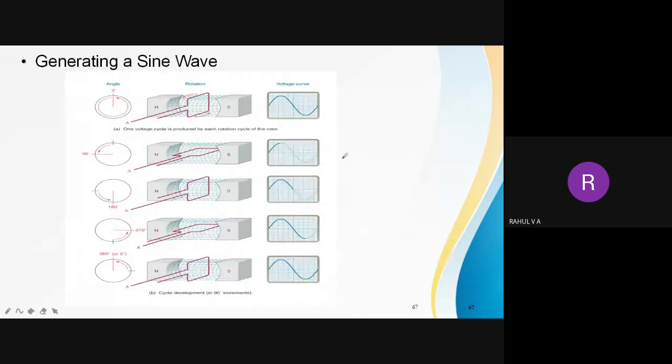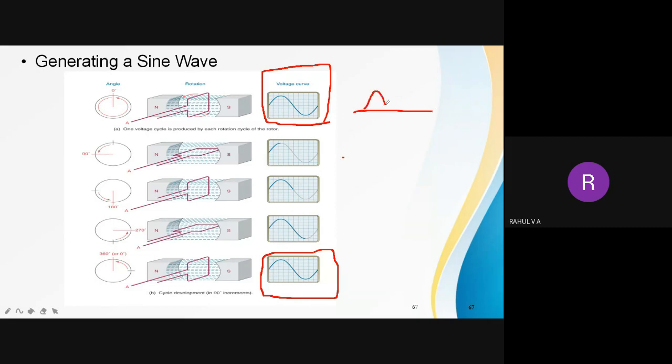So the output will be in the form of a positive half cycle and a negative half cycle. So one complete cycle includes a positive half cycle and a negative half cycle. What is a positive half cycle? As I told earlier, I am measuring voltage at A with respect to B. So B is your reference.